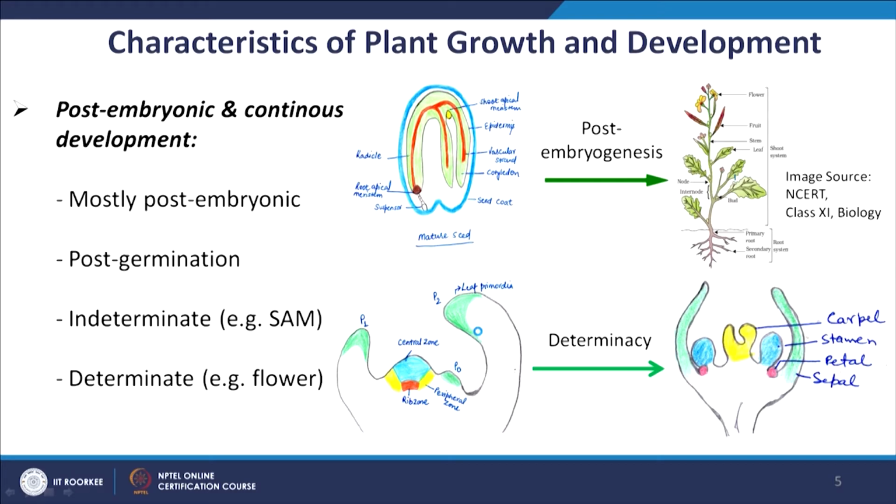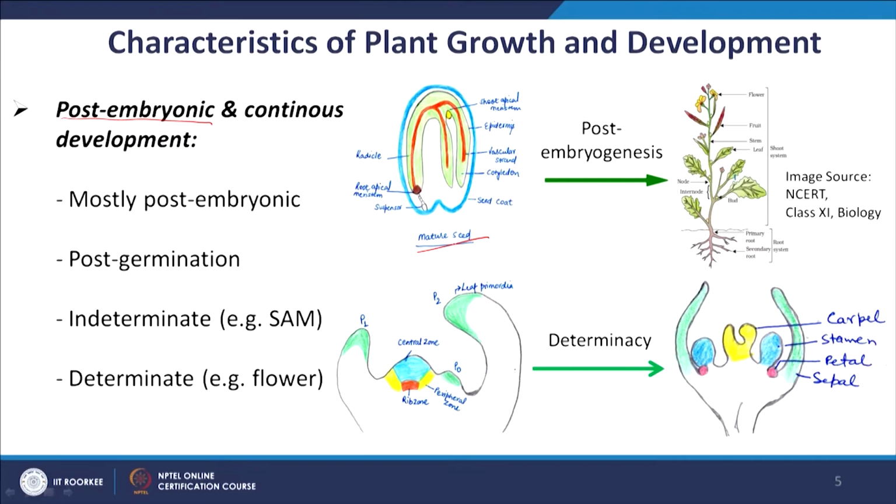If you remember the first class, we talked about how in plants growth and development is continuous, which is the first very important thing. Plants can grow throughout their life. Another very interesting thing is that most of the development is post embryonic in nature.